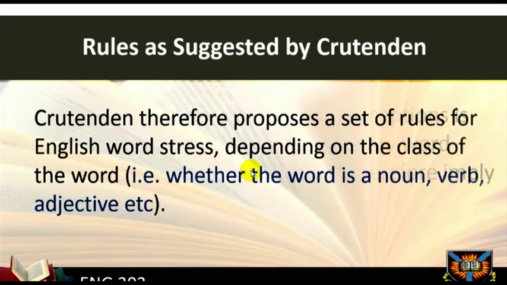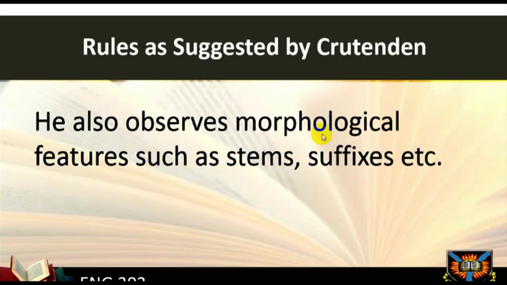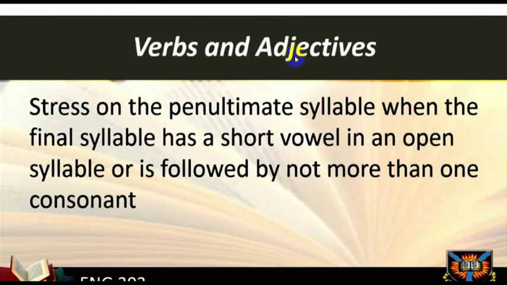Crutenden therefore proposes a set of rules for English word stress depending on the class of word, i.e., whether the word is a noun, verb, adjective, etc. He also observes morphological features such as stems, suffixes, etc. Verbs and adjectives.